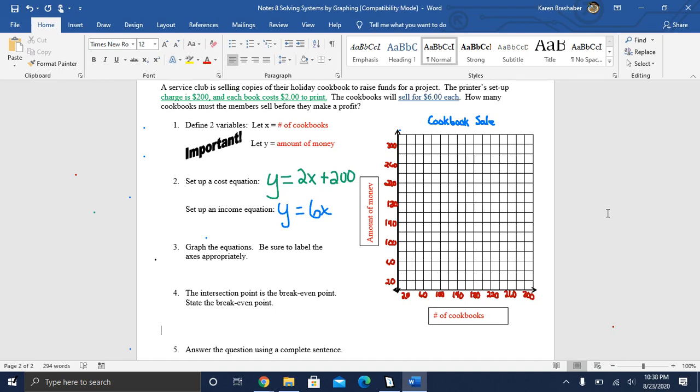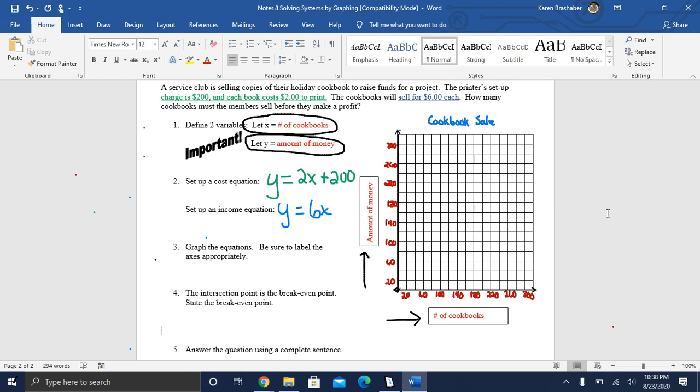You should label your x-axis, and I called mine number of cookbooks, and that goes with what X was defined to be. And then you should label your y-axis, and I called the y the amount of money.